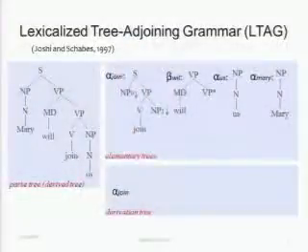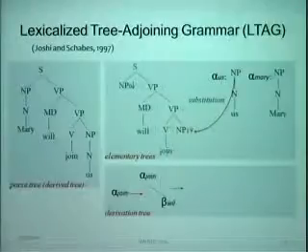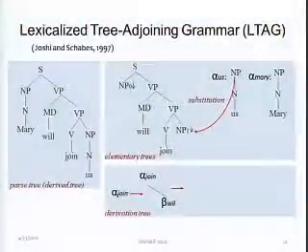I assume most of the audience has some familiarity with this formalism, so I'll just go through it quickly. Lexicalized tree adjoining grammar consists of a set of elementary trees, and all these elementary trees can be composed together through two operations, substitution and adjunction.